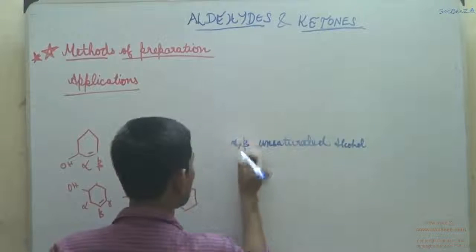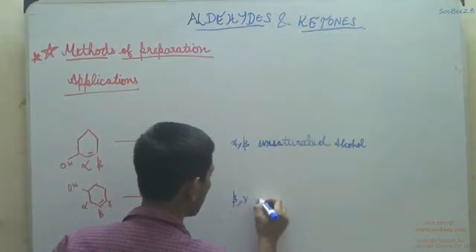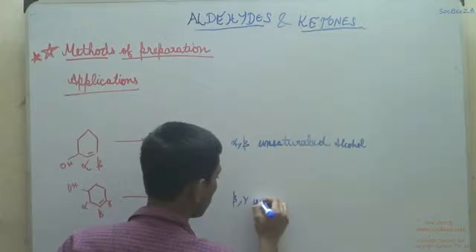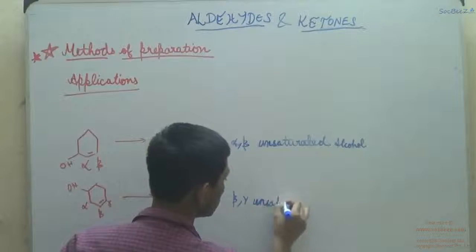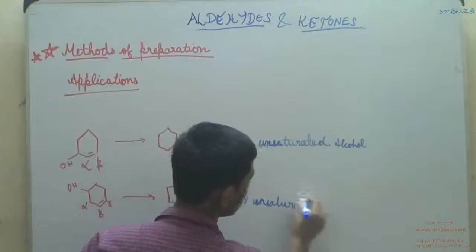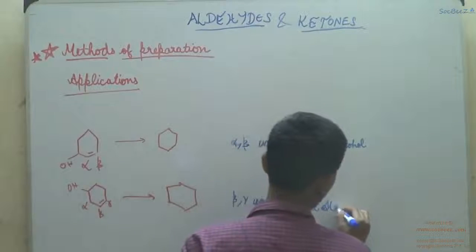What is this? This is your beta gamma unsaturated alcohol.